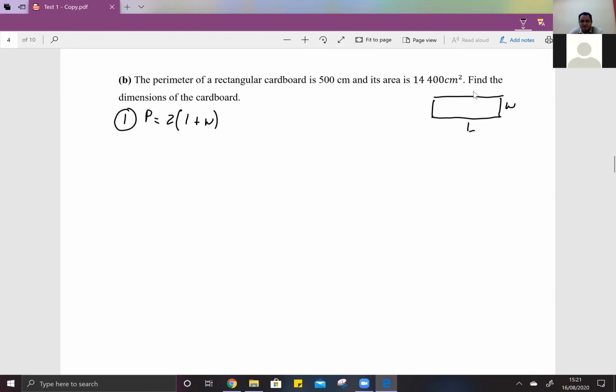It looks like 1, you may get confused later. Or you can just write capital L, it's fine. Oh, it's better. Okay, equals 500, right? From here immediately let's find L plus W. L plus W equals 250. Good. No, you don't have to write centimeters once we write the equation.